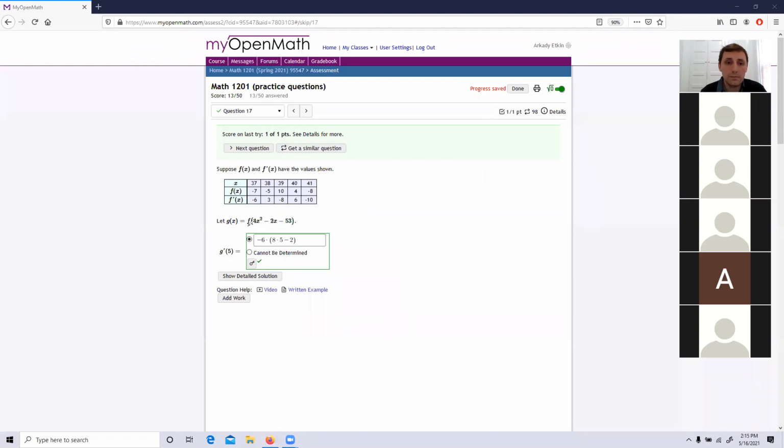This is my function, right? So the chain rule is this: g prime of x is the derivative of f composed with this function. So it will be f prime of 4x squared minus 2x minus 53 times the derivative of the inner function, right? I took the derivative of the outer function.